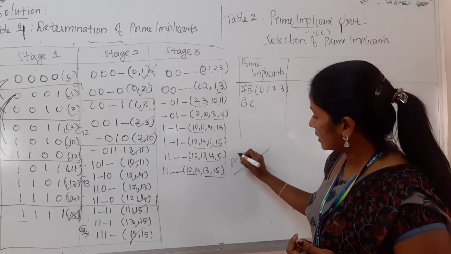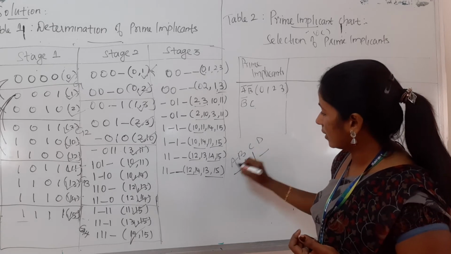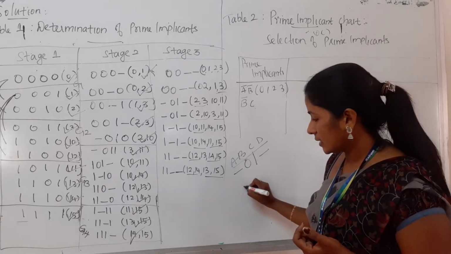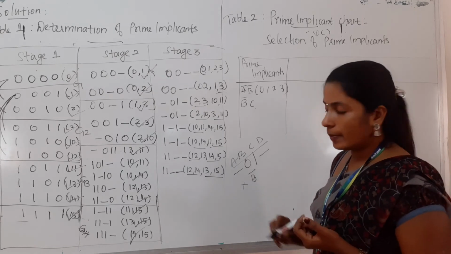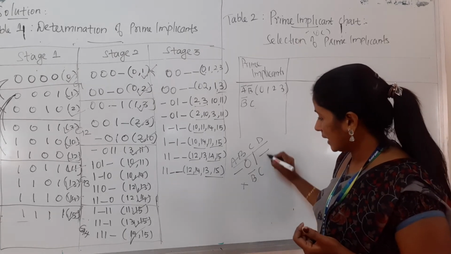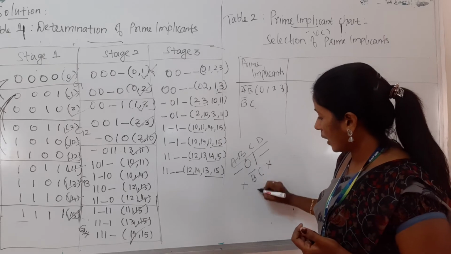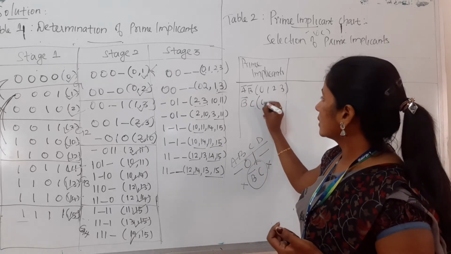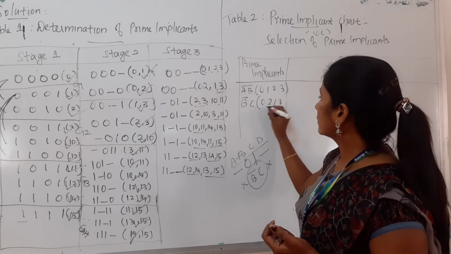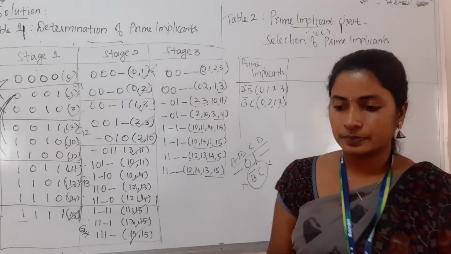The positions are A, B, C, D, right? So A is not there, B bar, C, D is also not there. So I am getting B bar, C.